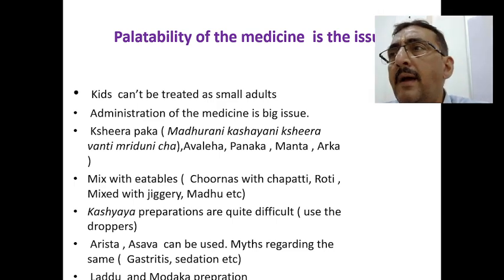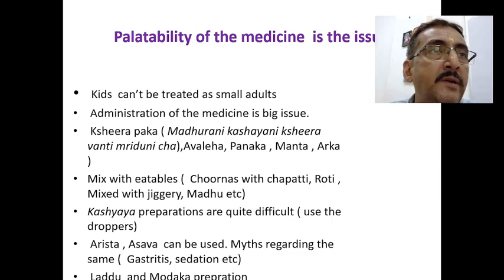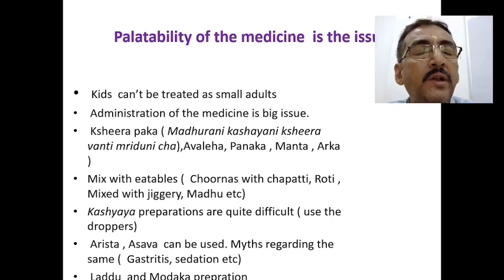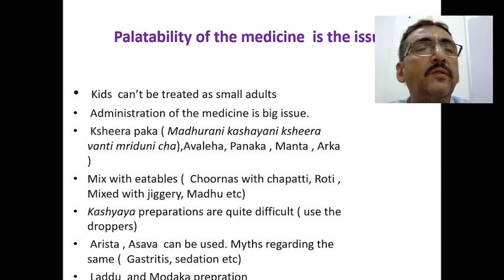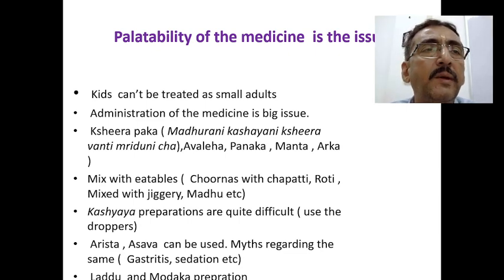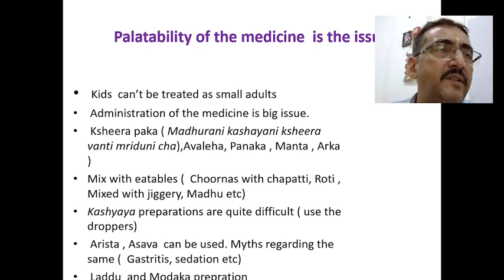So many of these medications are related to the nutritional purpose, like protein energy malnutrition, failure to thrive, and nutritional malnutrition, etc. So usually we make preparations of these medicines in the form of laddu. Laddu or modaka with ashwagandha, shatavari, vidarigandha, etc., balya preparations, jivaniya drugs, will be mixed together and prepared into the laddu form or the modaka form, then it is given. So much research is going on in that.